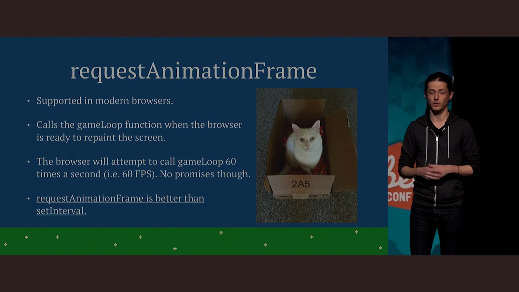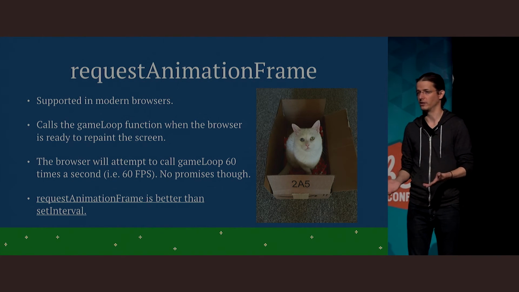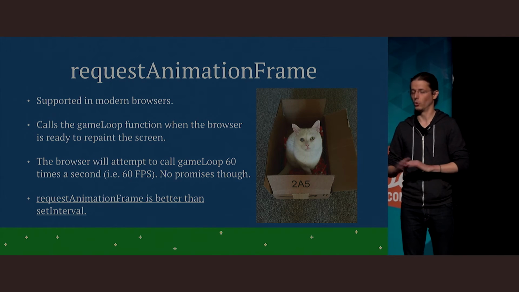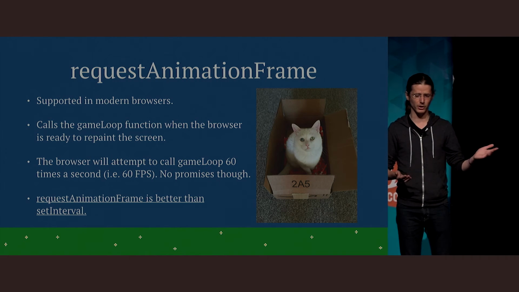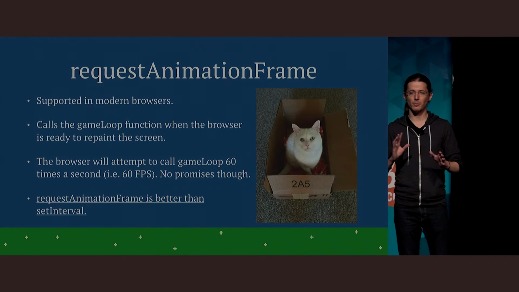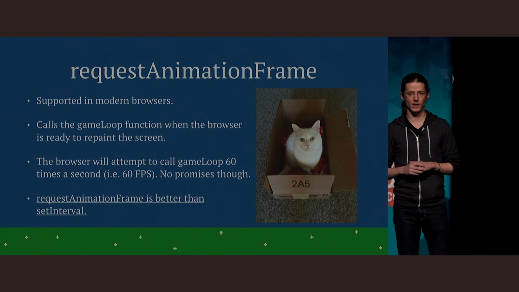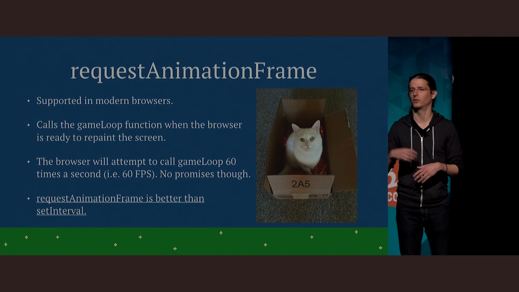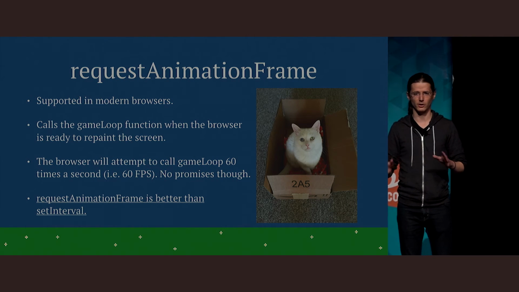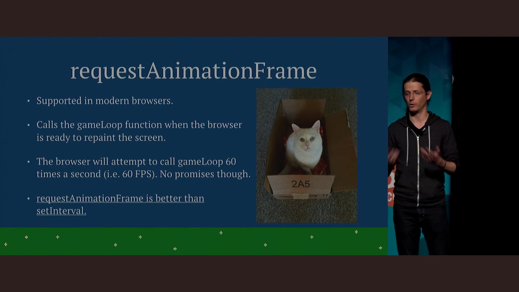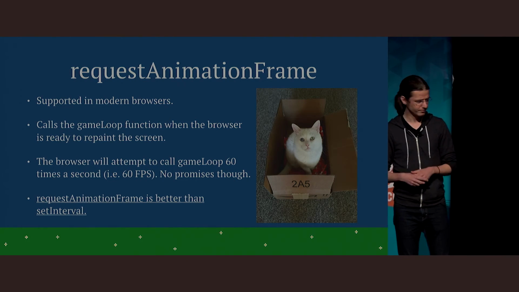You could use window.setInterval and have it fire 60 times a second. That would totally work, and it's fine, and that's the way games were done in the browser a little while ago. But there are performance reasons why you wouldn't want to do that, having to do with the smoothness of animation and also CPU usage when your tab is in the background. There's a link on the slide if you want to get into the details of why requestAnimationFrame is the best practice for making games in JavaScript.